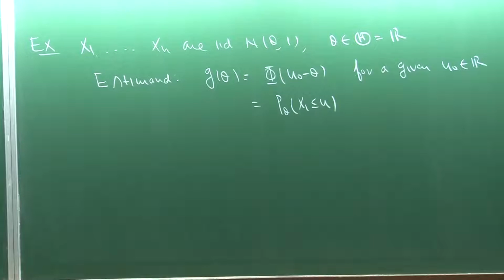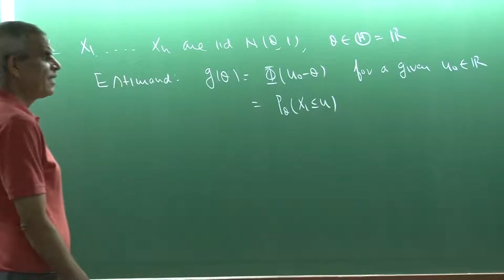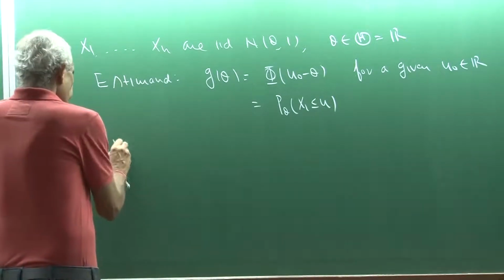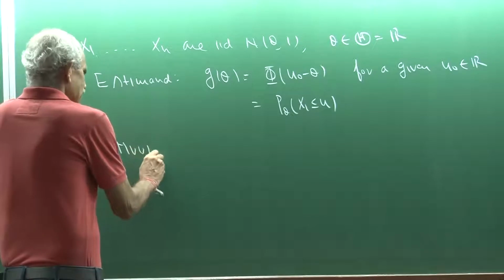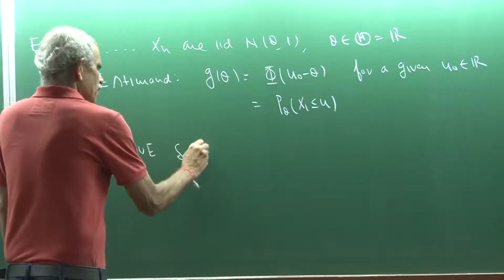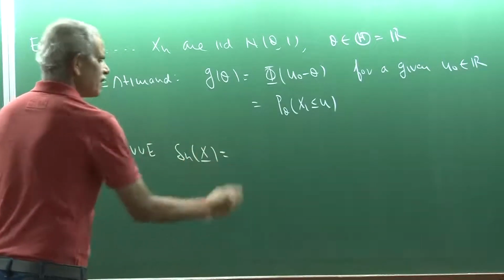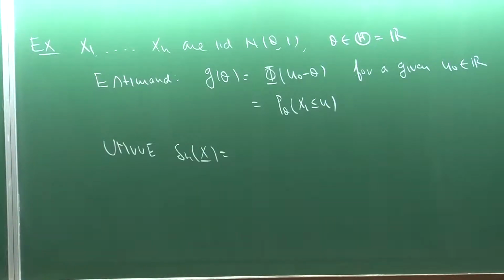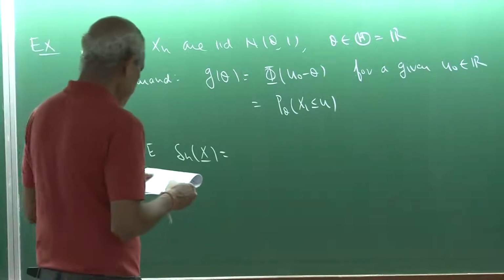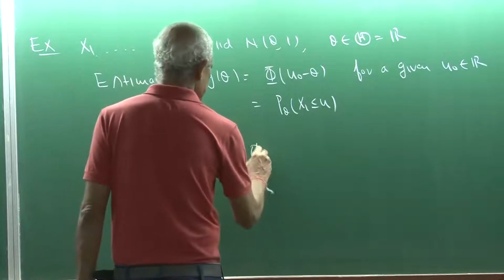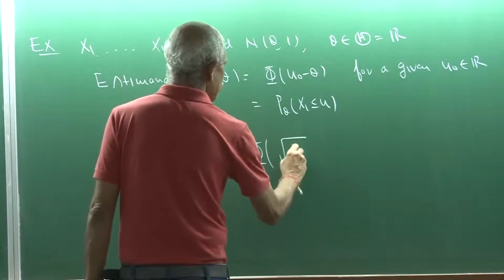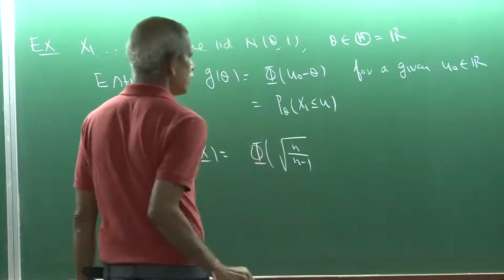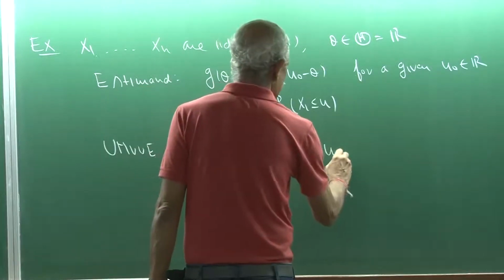So what is the UMVUE? From your last class, let me not do it, I'll just give you a hint. Delta n of x is nothing but phi of root n upon n minus 1 times u naught minus x bar.